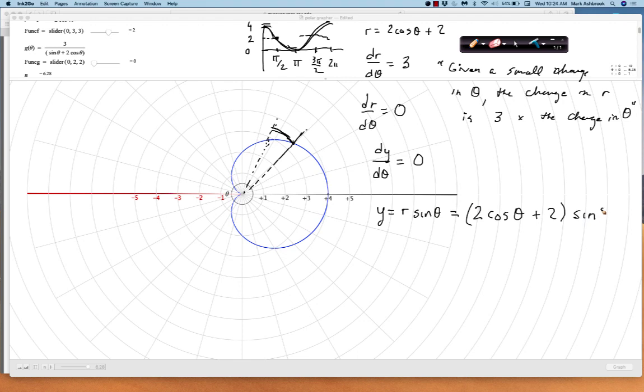That's what the y coordinates equal on this blue graph. So in general, y is equal to whatever our function of theta is, that's what r is, right, times sine theta. And if I want to find dy d theta, what do I have to use?